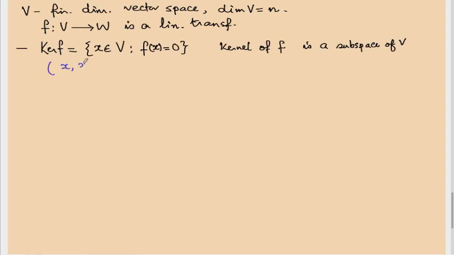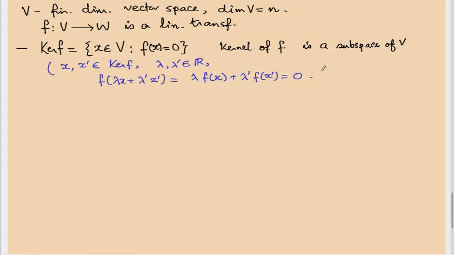Suppose I take x and x prime from the kernel of f, lambda and lambda prime from the reals, then f of lambda x plus lambda prime x prime, by linearity, is lambda times f x plus lambda prime f of x prime, but f x and f x prime are both 0, so this is 0. So this shows that lambda x plus lambda prime x prime is also in the kernel, so it's a subset closed under all these. So it's a vector subspace. Okay.